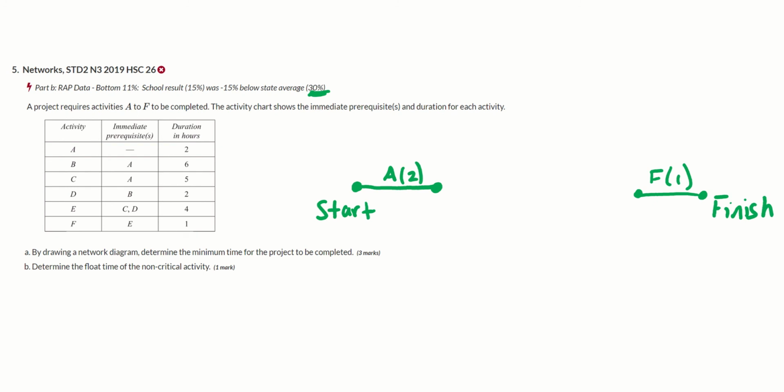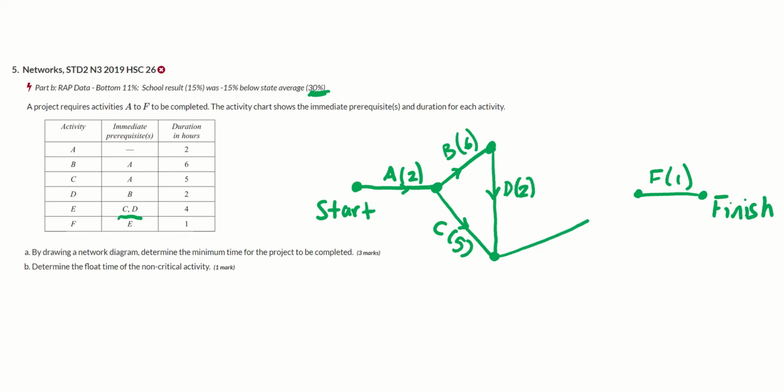No, so this one shouldn't be too hard, hopefully pretty straightforward because there's no repetition, other than B and C need to both come from A. So if I do that like this, and then we've got D has to come from B, but then C and D need to be immediate predecessors for F. So if I link D down here, now I can come straight out from C and D and join to F for activity E.